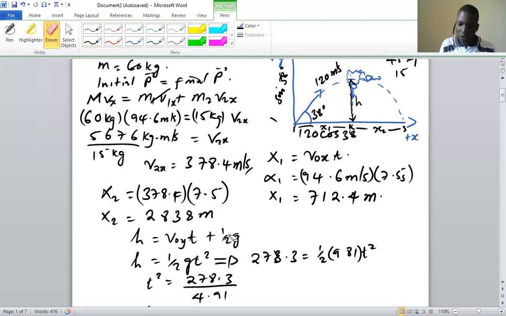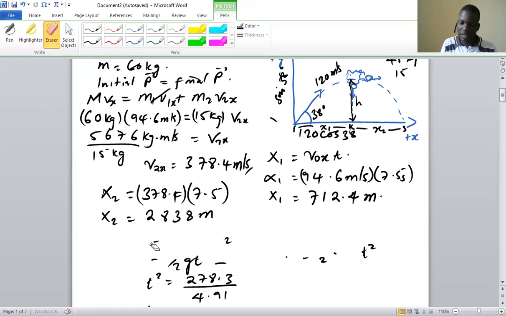So for us to find the total distance, the total range, we just have to sum the first, which is x1, and the second, which is the x2, which we have calculated, and that will give us the total range that we are looking for. That will be where the lighter fragment is going to land.